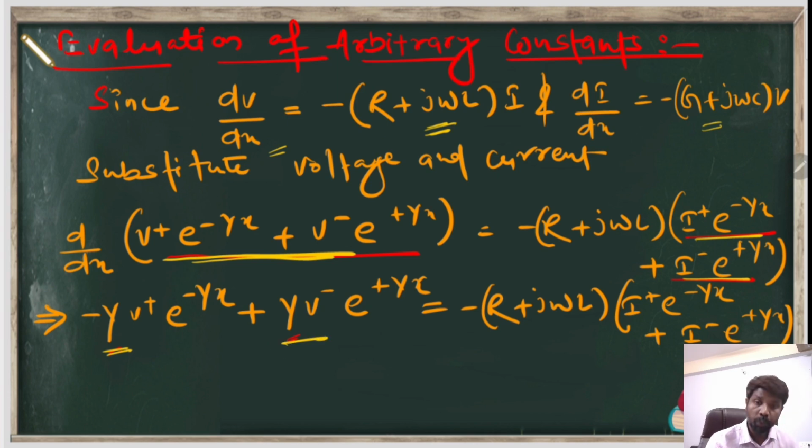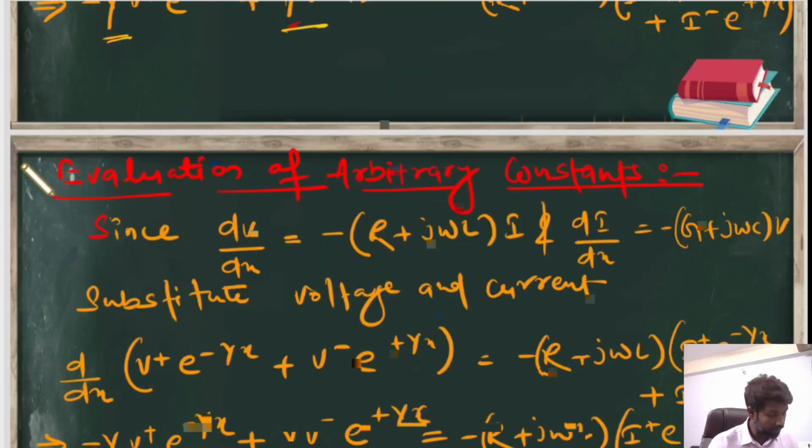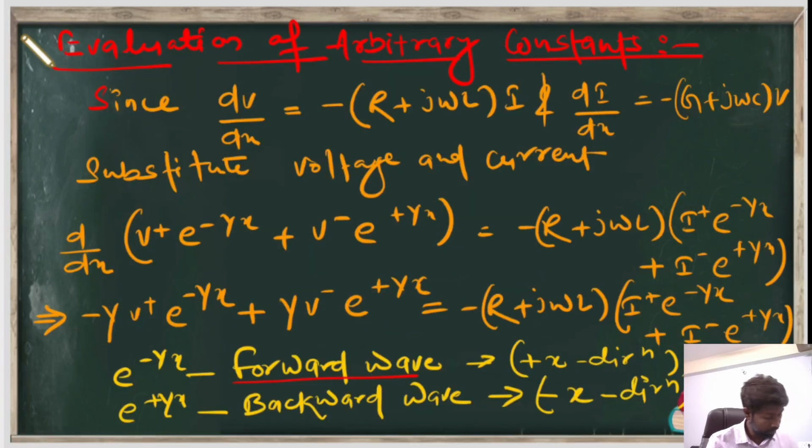In these expressions, two terms are involved. The first term is the wave traveling in the positive x direction, and the second is the wave traveling in the negative x direction. So we will equate these two equations.